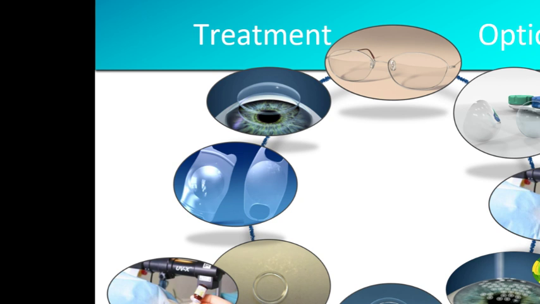Okay? It will not regularize the cornea, but it will create a regular anterior refracting surface, so it will compensate for the irregularities of the cornea. So if the patient can wear contact lenses, let him wear contact lenses.